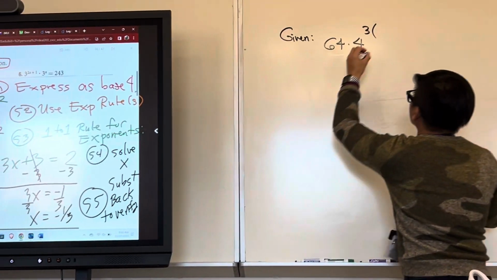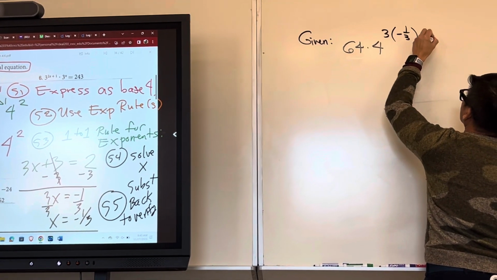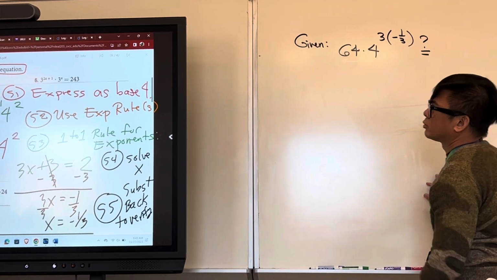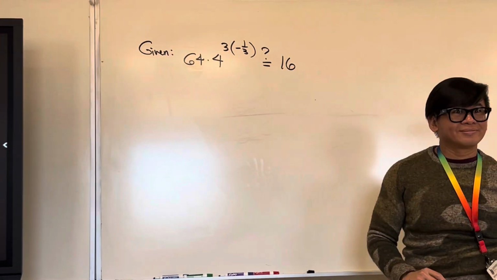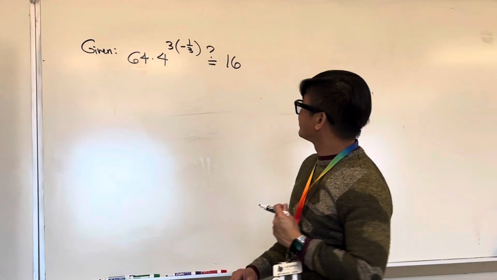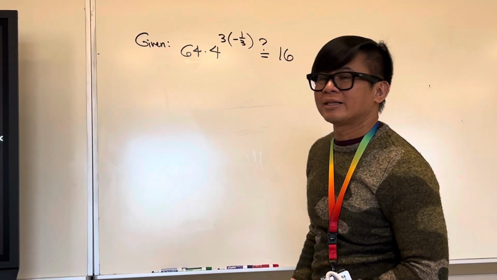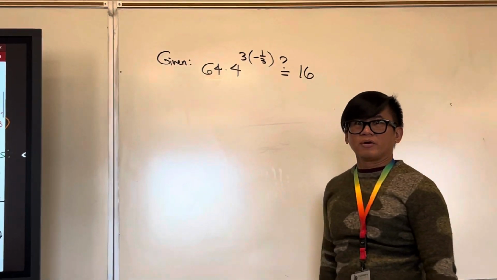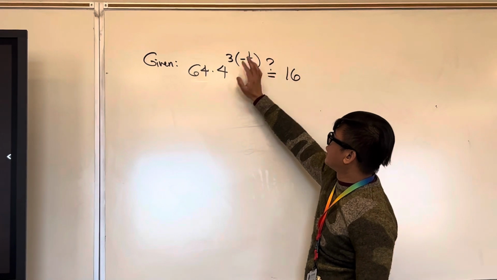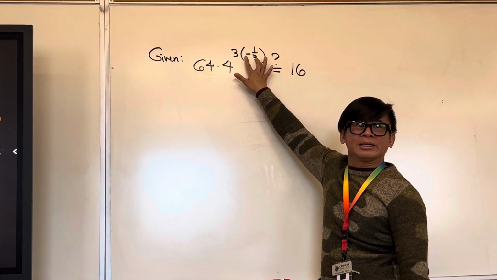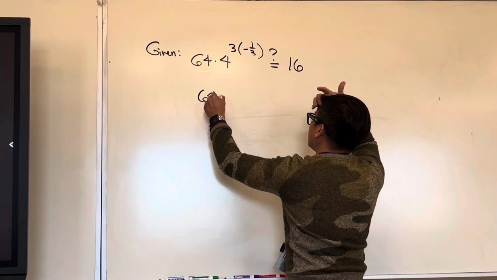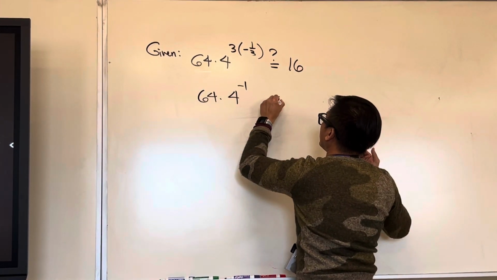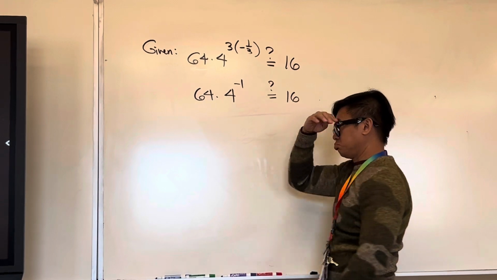Negative 1/3, that's your x. Is that equal to 16? First, what's 3 times negative 1/3? Negative 1. So that's 64 times 4 to the negative 1 power. Is that equal to 16?